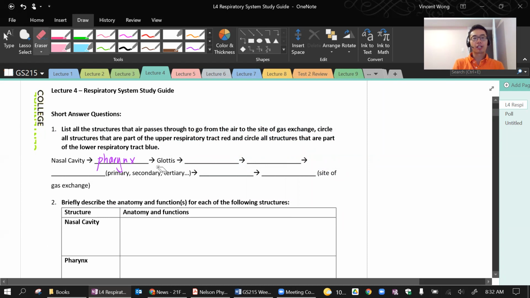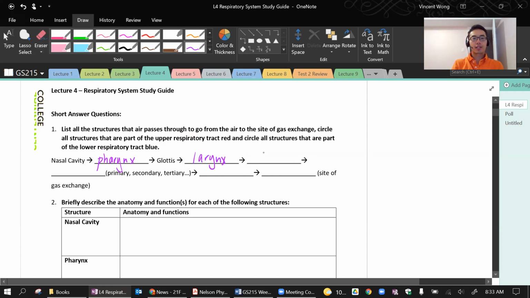Covering the glottis is a cartilage flap called the epiglottis, which prevents food from going into your airway. After the glottis, the air will go into the larynx. Another word for larynx is your voice box, and another word for pharynx is basically your throat.